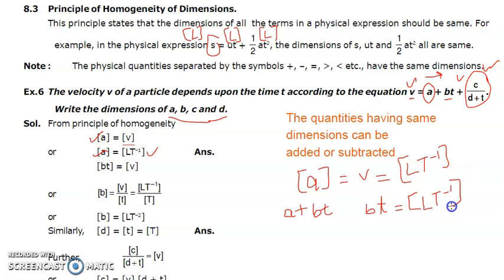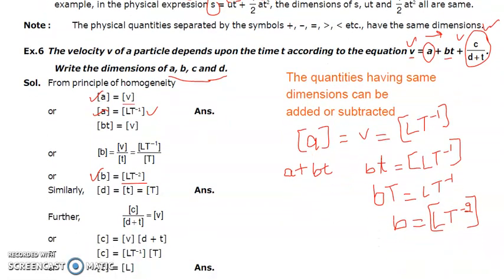Then when this t is taken towards the right hand side of the equals to sign, the dimensional formula for b would become LT minus 2. It will be acceleration, since acceleration has the dimensional formula LT minus 2.